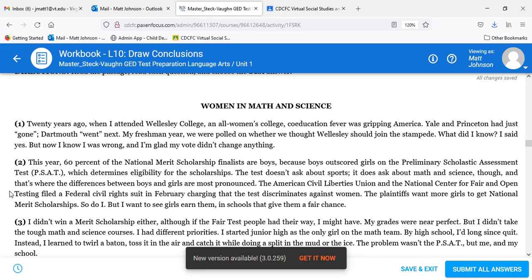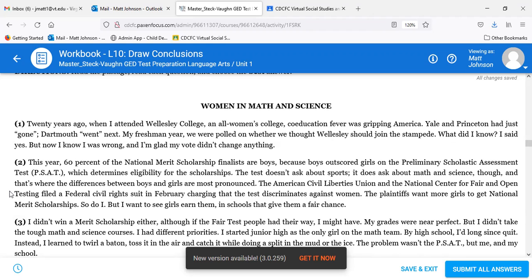The American Civil Liberties Union and the National Center for Fair and Open Testing filed a federal civil rights suit in February, charging that the test discriminates against women. The plaintiffs want more girls to get national merit scholarships. So do I. But I want to see girls earn them in schools that give them a fair chance.